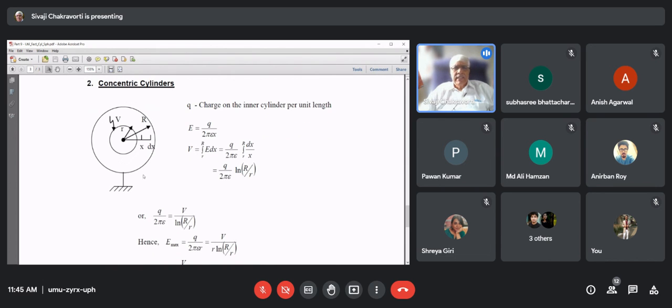We extend this discussion for concentric cylinders. Another theoretical aspect, but this is also equivalent to our cables. Drawing wise it is the same because this is the cross-sectional plane. We have the inner cylinder of radius r, we have the outer cylinder of radius capital R. Potential of inner cylinder is V, the outer cylinder is zero.